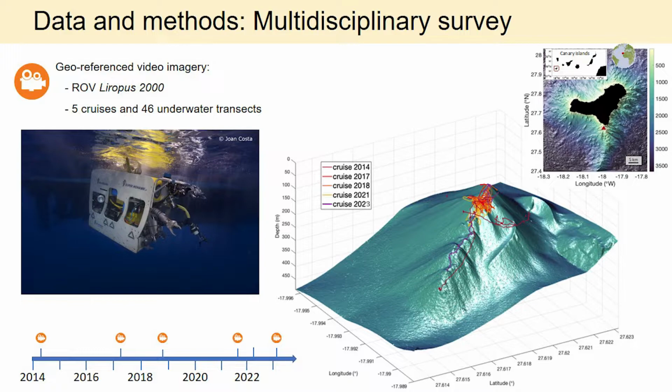In total, we explored for this study during 5 different years in a total of 46 dives. So we collected around 100 hours of video that, of course, I already analyzed.